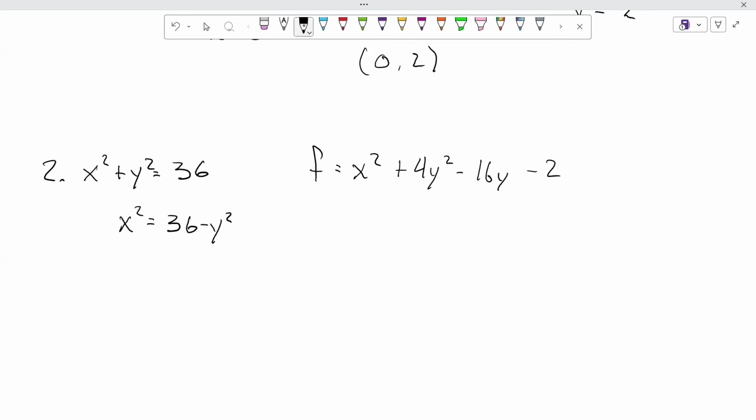If I look over at my function, I see I've got x squared plus y squared and then minus a 16y, but I've only got a single x squared term.